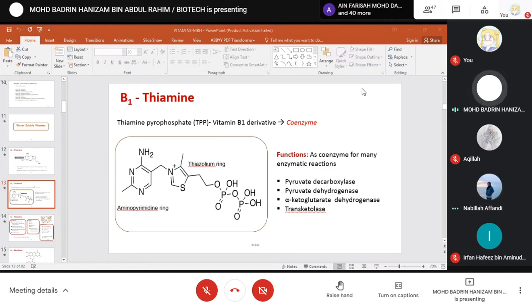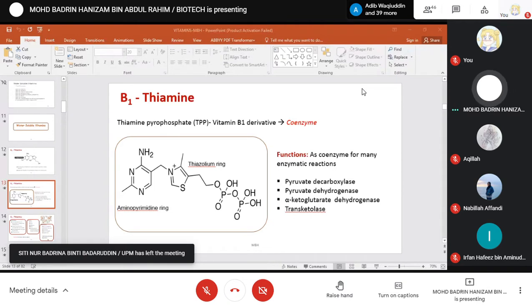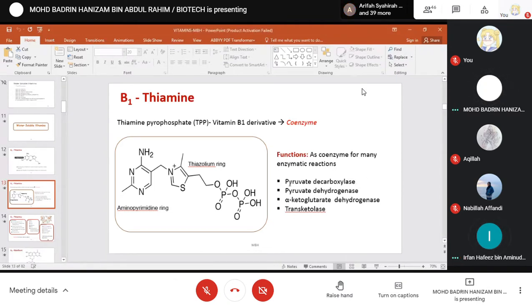How about alpha ketoglutarate dehydrogenase? Oh, not you. I call other names. Can I get Irfan Hafiz? Irfan Hafiz. Yes, doctor. So, what's the function of alpha ketoglutarate dehydrogenase? You should know by now. It's in the Krebs cycle. Yes. Okay. Wait, alpha.